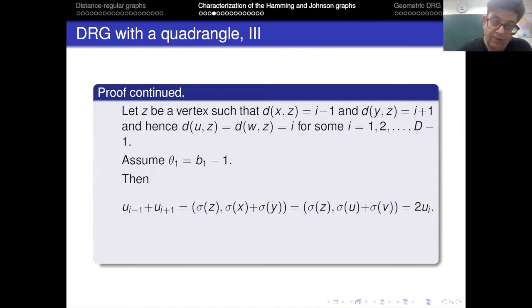So therefore the inner product of sigma z with sigma u plus sigma w is exactly the same. But this we can calculate as 2 ui because the distance is exactly i. So that shows the formula I wanted, and this completes the proof.